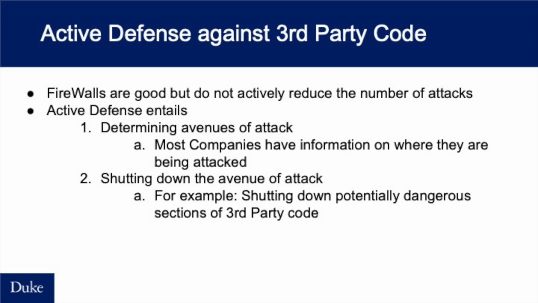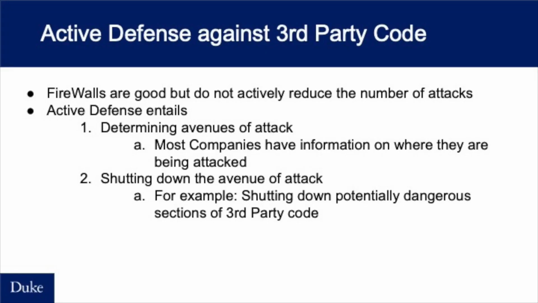A lot of companies, once they're attacked, are understanding of where that attack has come from. They can shut down access to third-party code, and you can eliminate the avenues of attacks. Most companies have information on where this is coming from, and shutting it down is the best way to reduce and eliminate that avenue of attack from being used again.